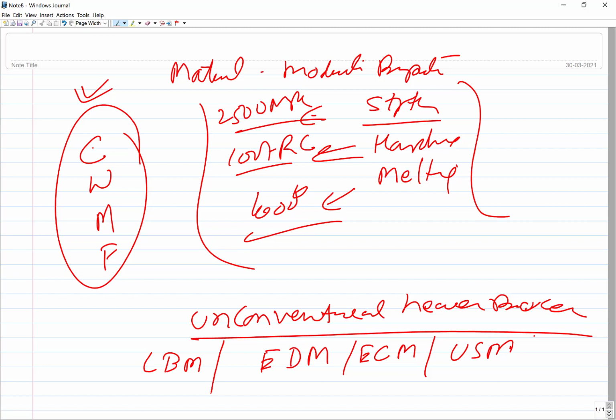These are some newer or unconventional machining processes to manufacture products of very high yield strength, very high melting point, very high hardness. So the materials which cannot be processed using conventional processes can be processed using these unconventional processes. So this is the difference.